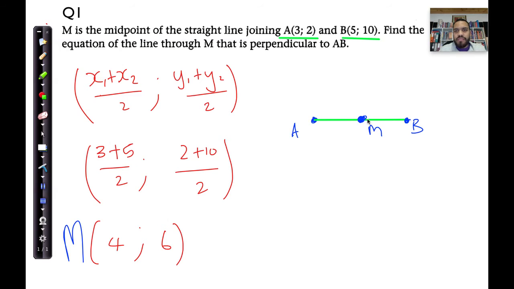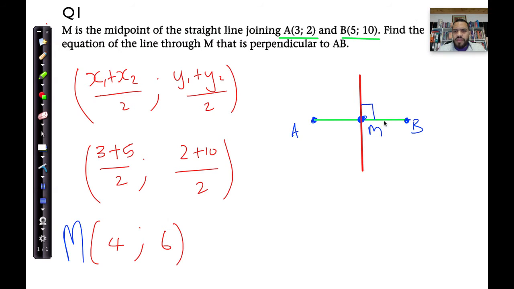And that M in itself actually has a line that goes through it that is perpendicular, right? So if the line is perpendicular, the line looks something like this. It passes through M and it's perpendicular to AB, right? Now, that's what perpendicular means. It means it meets at a right angle at 90 degrees.